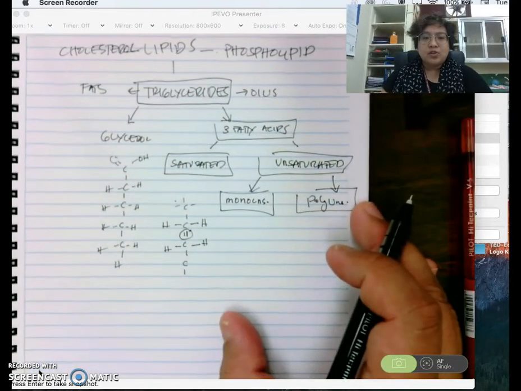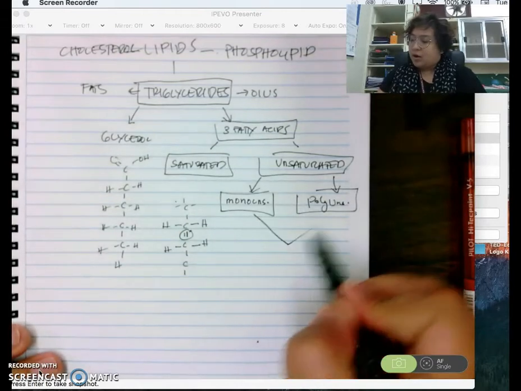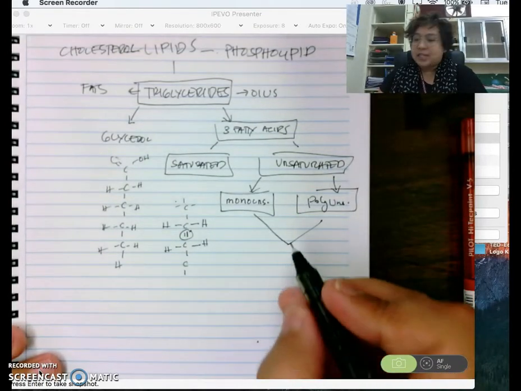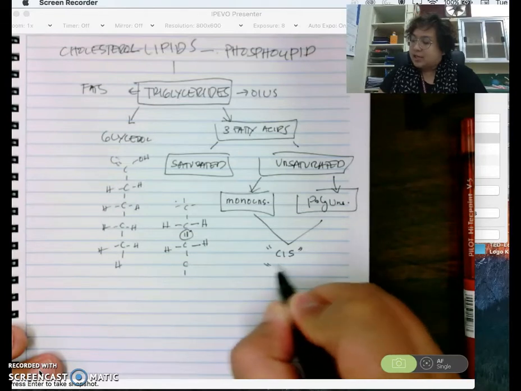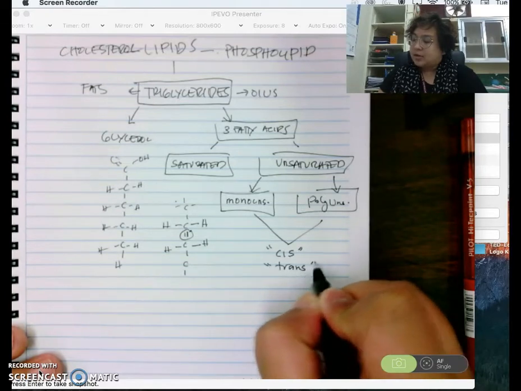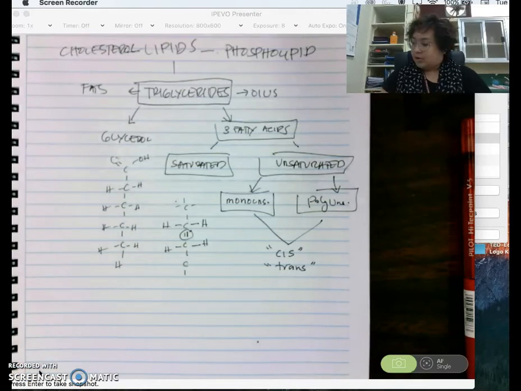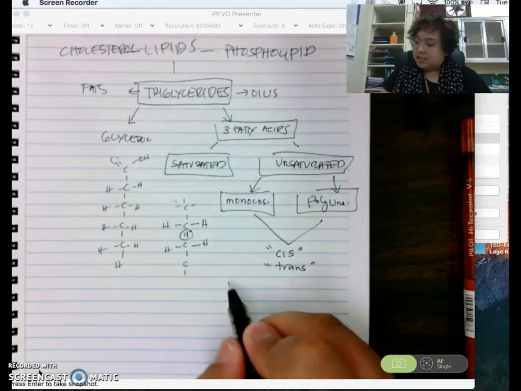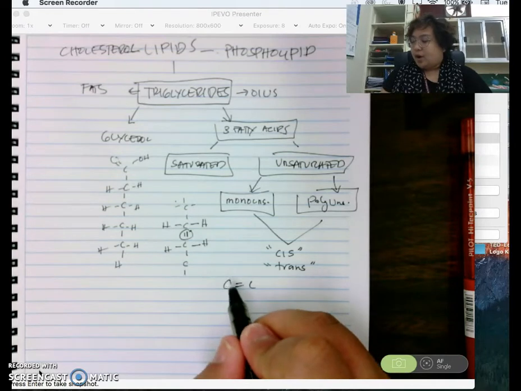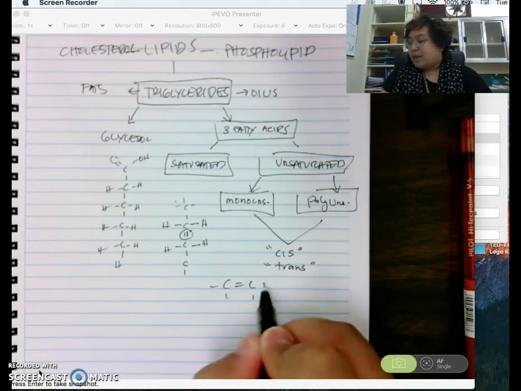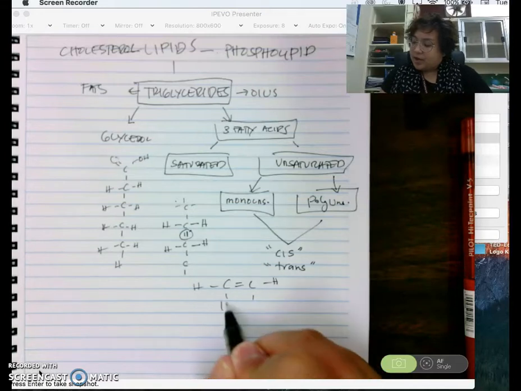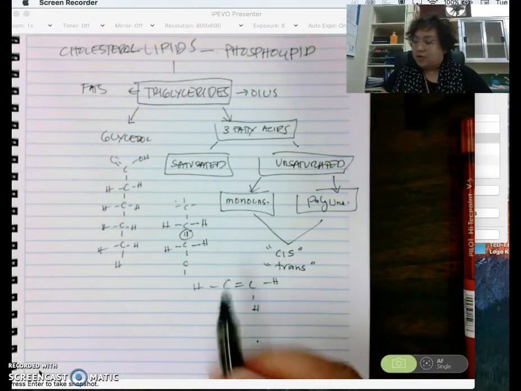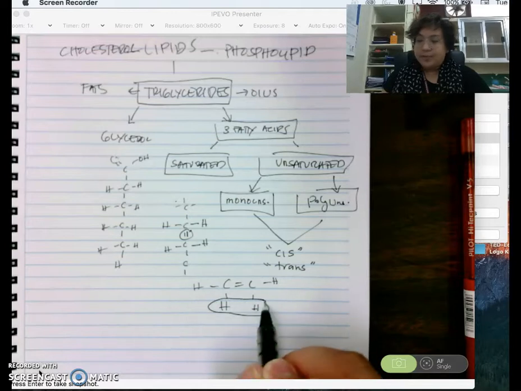Alright, another structure that you need to know under your unsaturated fatty acids: the molecule can take a cis or a trans structure. Cis is when, in that portion of your hydrocarbon chain where you find the double bond, the hydrogens are found on one side, like this one.